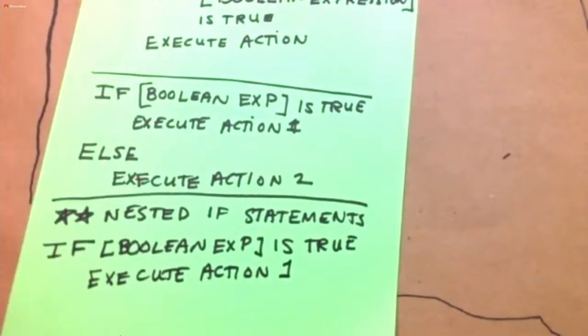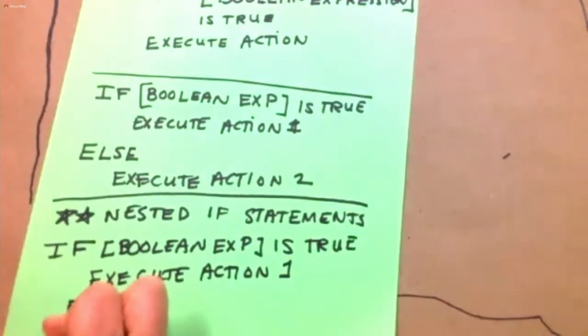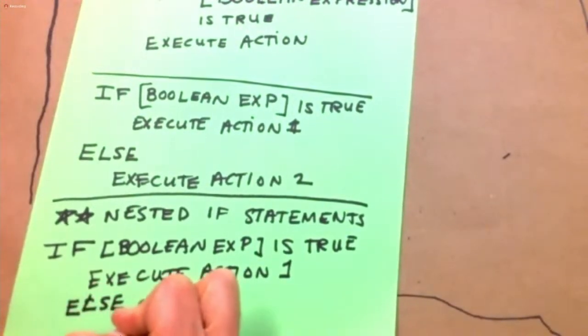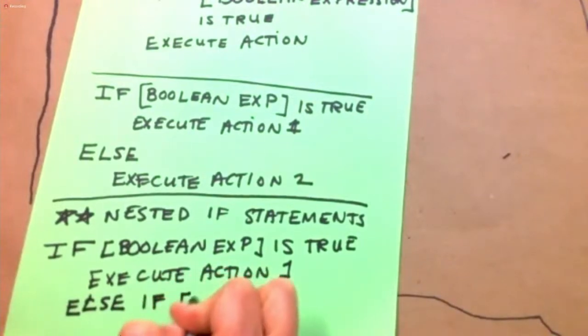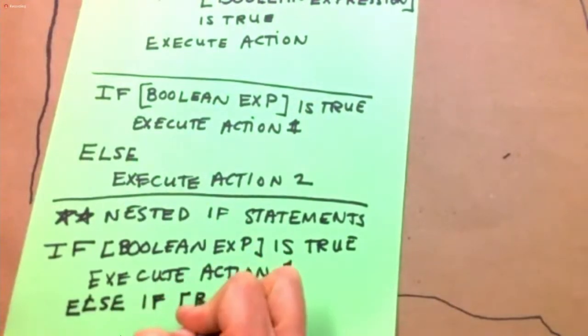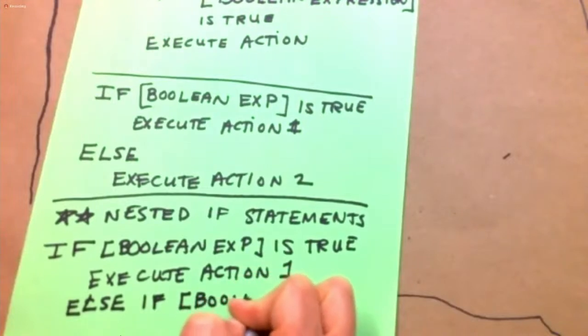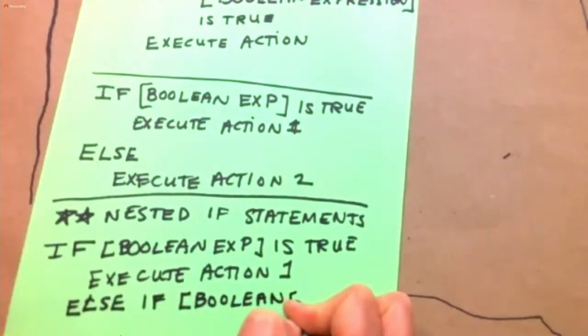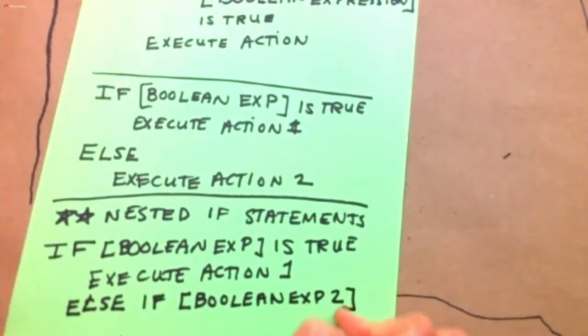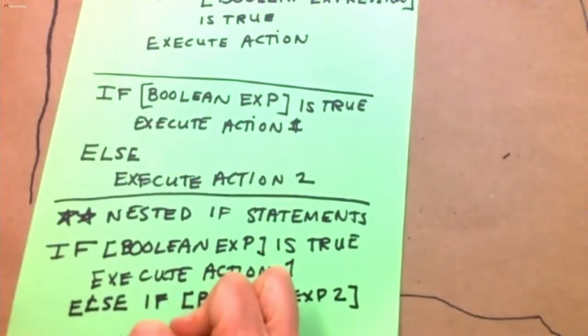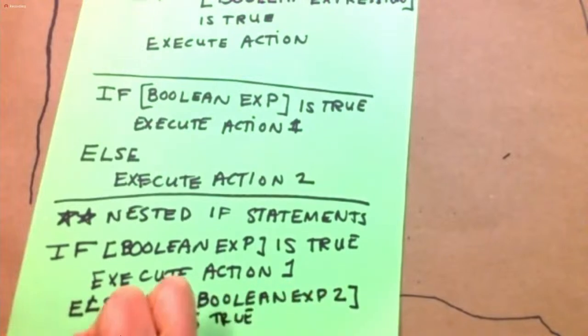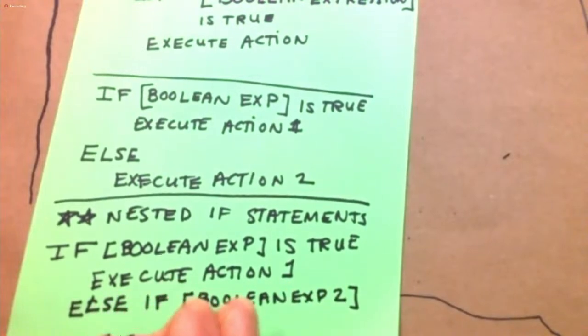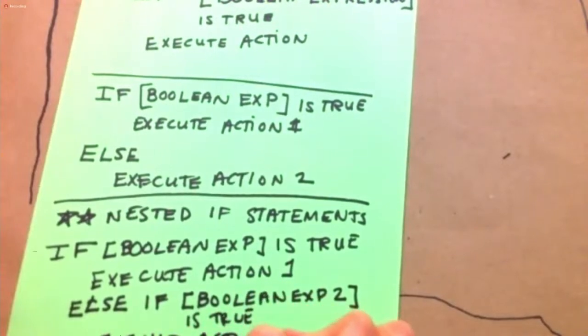Now in the previous example, I said else execute action 2. This time I'm going to use a different word, else if Boolean expression 2 is true, execute action 2.